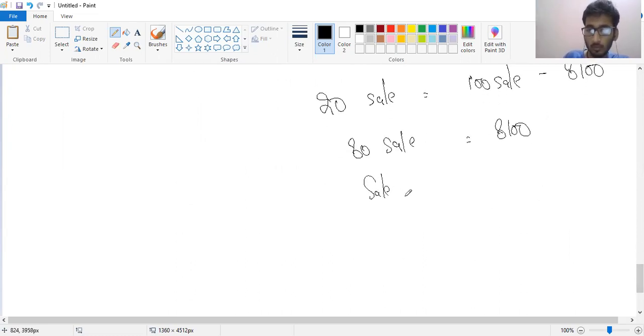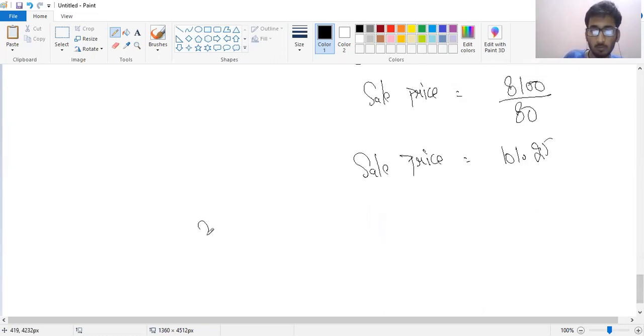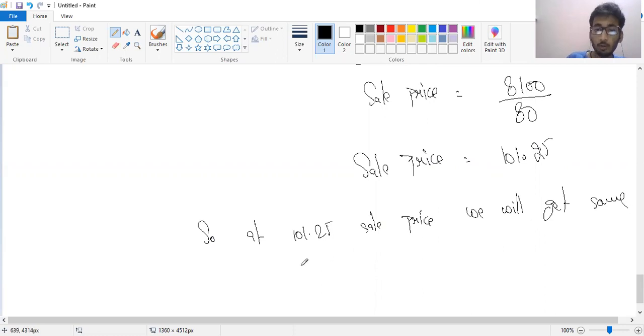So sale price would be 8100 divided by 80. It would be 101.25. So at a 101.25 sale price, we will get the same PV ratio.